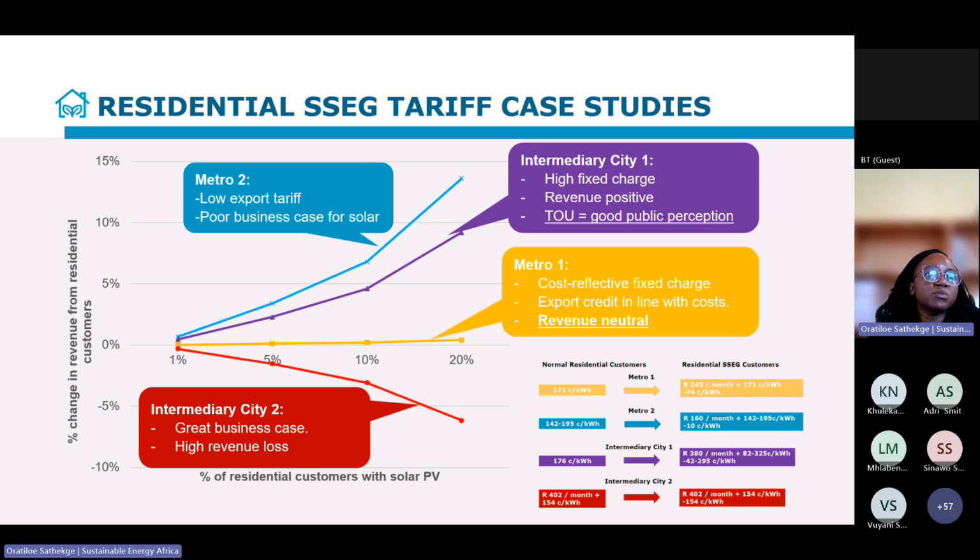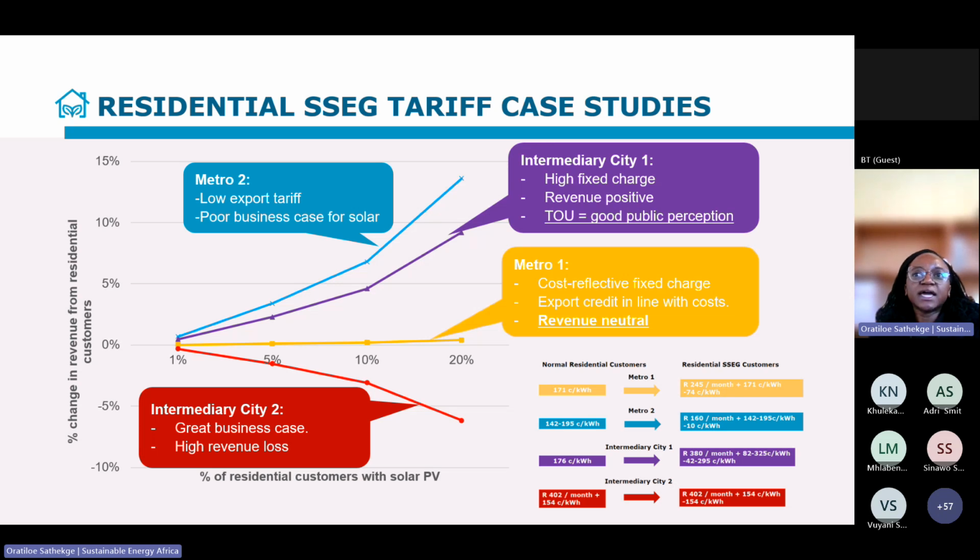So as more and more customers are installing SSEG systems, the municipality would end up having a lot more, I don't want to say profit, but it would result in a revenue positive case for the municipality. So what we find is that they're making more money as more and more customers are installing SSEG systems.